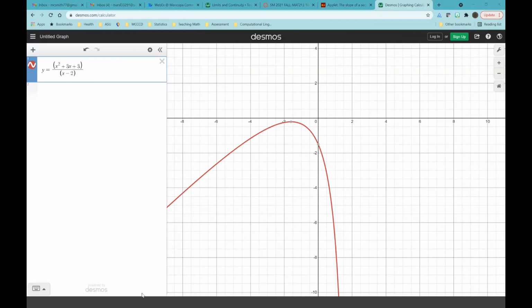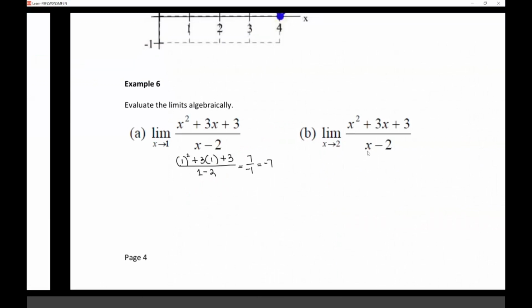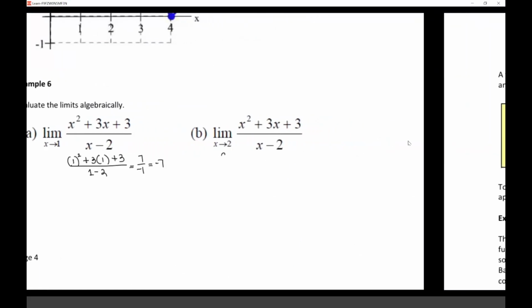Let's take a look at this one. Again, I'm interested in what happens as x approaches 2. Well, you can see that would cause me a problem. I can't just plug in the 2 because then I'll wind up with a 0 in the denominator.